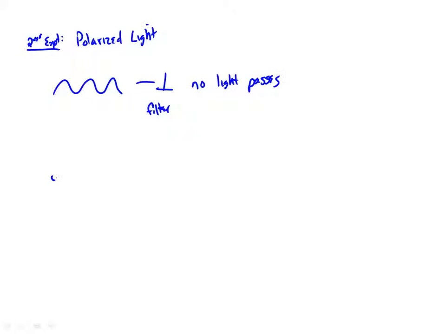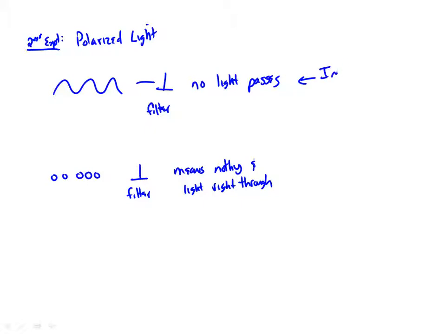Whereas if light is a particle, and I have a perpendicular filter, it really means nothing, and light passes right through. So, because this is what really happens in real life, that's that second piece of information that proves that light is a wave.